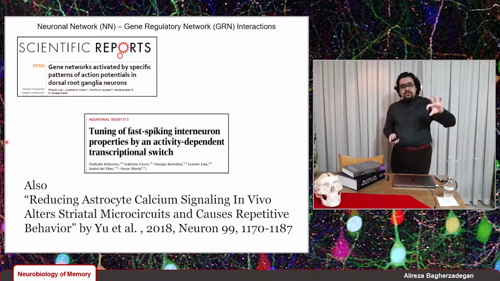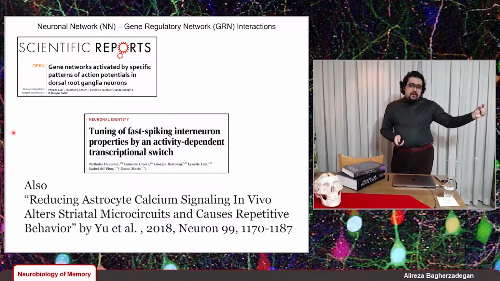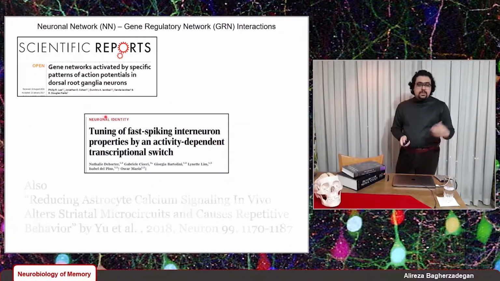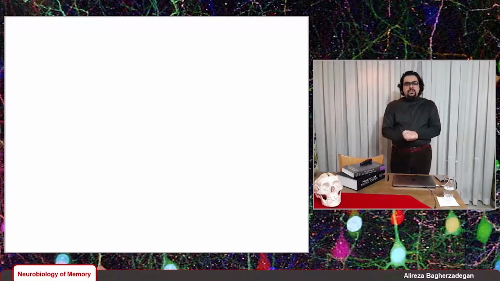So we have a transcriptional switch whose expression is controlled by a gene regulatory network, and that protein can affect the firing properties of a cell type.